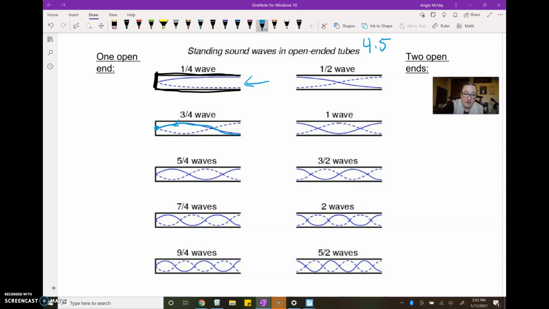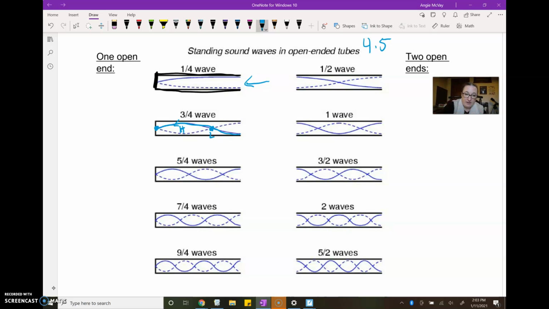Okay. And we'll end up with a high pressure region, right? High pressure, high amplitude, a lot of air particles moving around. Here's another node, which is low pressure.